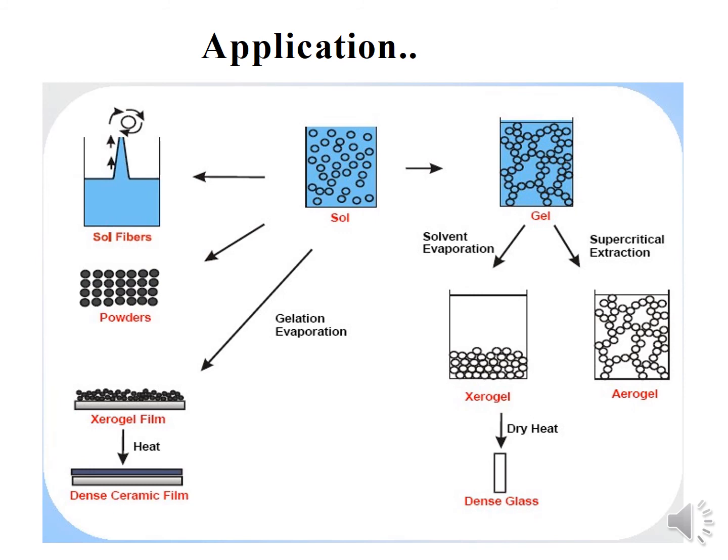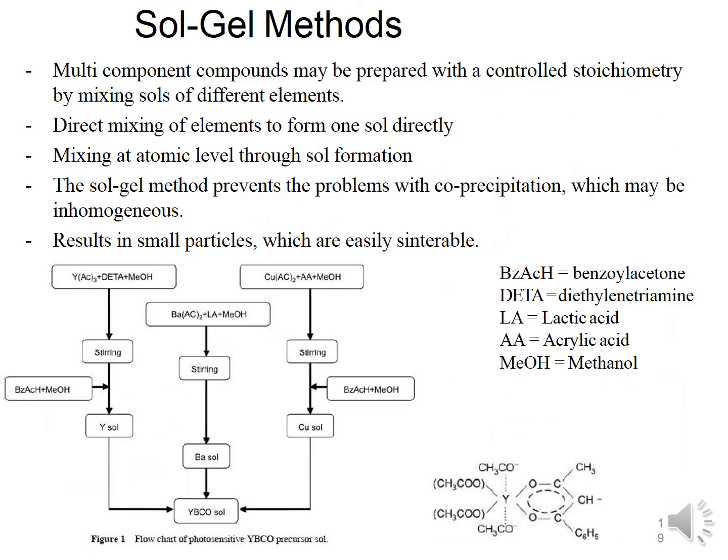Sol gives rise to gel, and gel upon solvent evaporation gives rise to xerogel, and xerogel upon dry heating is converted into dense glass. Gel upon supercritical extraction gives rise to aerogel.